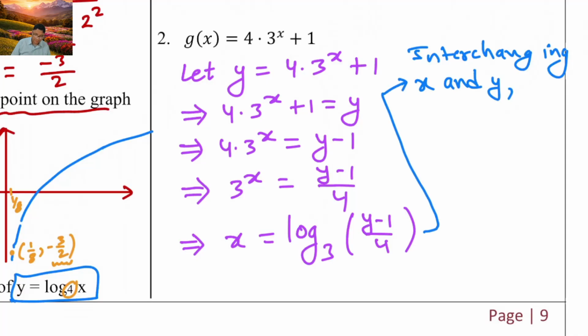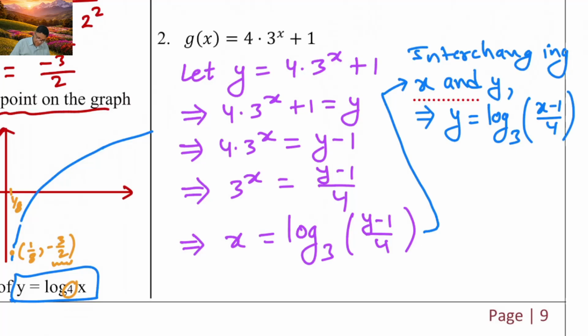So this step we go here. That gives you y equals log to the base 3 of (x minus 1) over 4. Okay, and that's it. That's the answer.